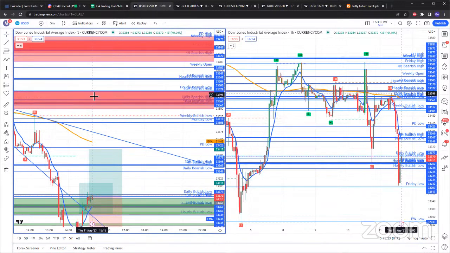I haven't marked up a 4 hour supply zone as green, and I haven't color coded that, because if I were to do that, the chart would just have all the colors of the rainbow. So I've just used red for all supply zones, whether it's on the 15 minute or the 4 hour. So when a golden cross is here on the 5 minute and I have this supply zone right here, I don't know what supply zone that is.